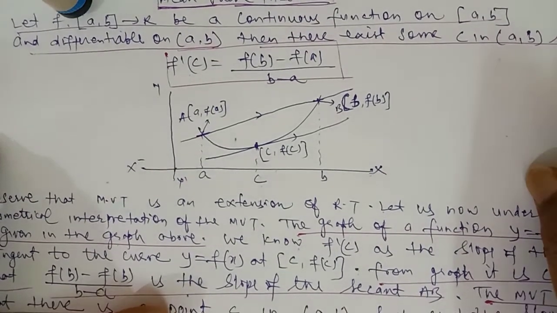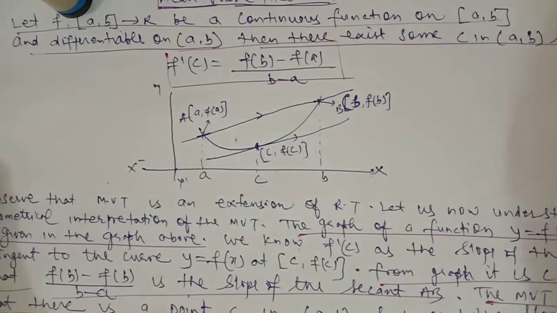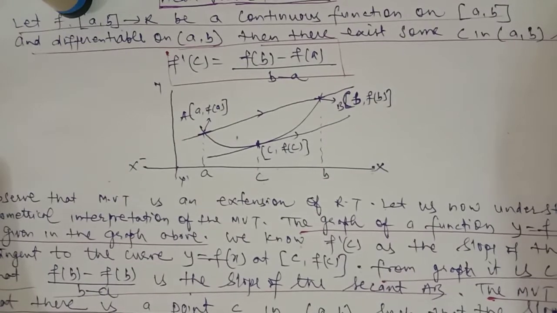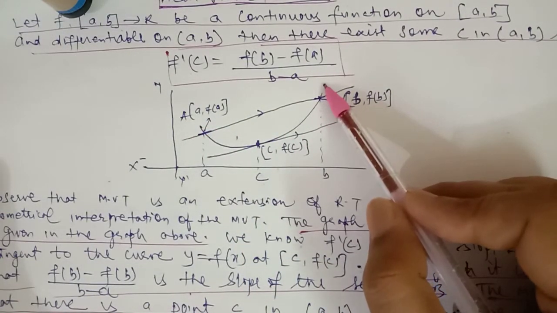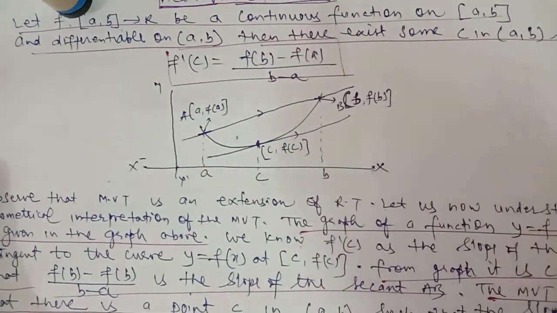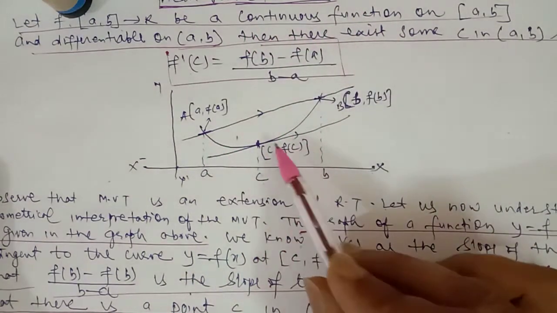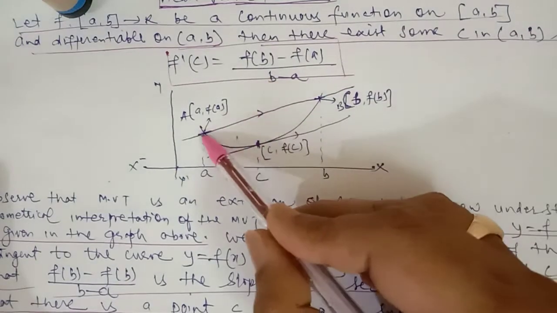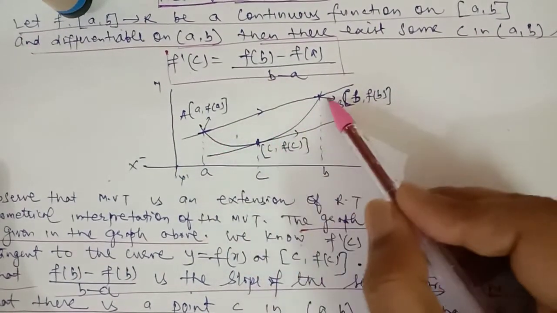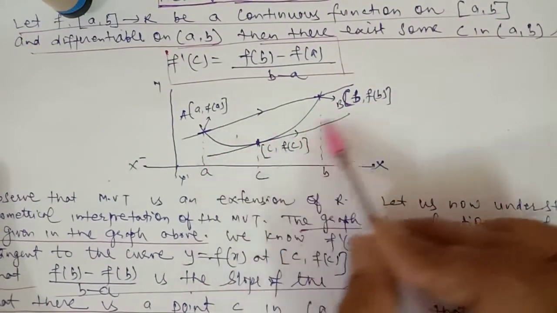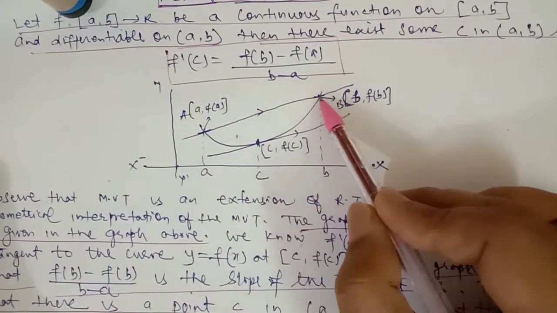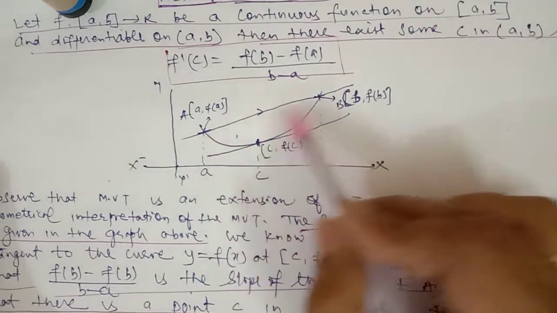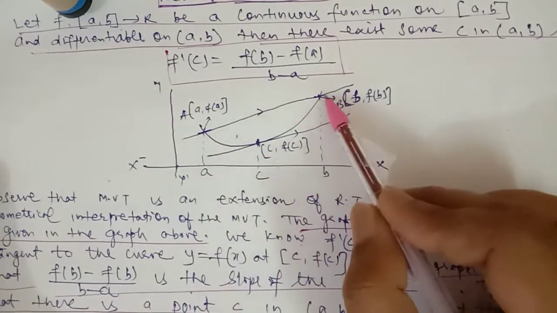Similarly, for the geometrical meaning of the mean value theorem, let us take this graph of a function which satisfies the mean value theorem. Then there is a point in this open interval (a, b) at which the tangent will be parallel to the chord joining the two end points of the closed interval, that is, parallel to the secant joining these 2 points.